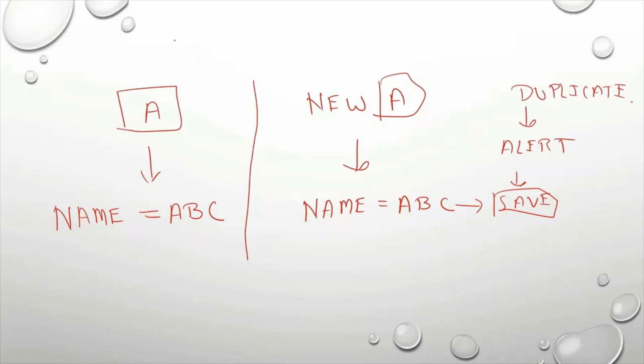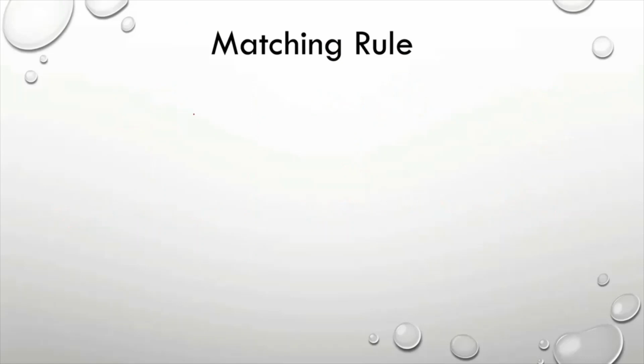So in the matching rule we have the account object, and in that object we have the criteria name. If the name is equal to that of any record already in the system, and the record we are creating or editing has the same name, this whole thing works in the duplicate rule.